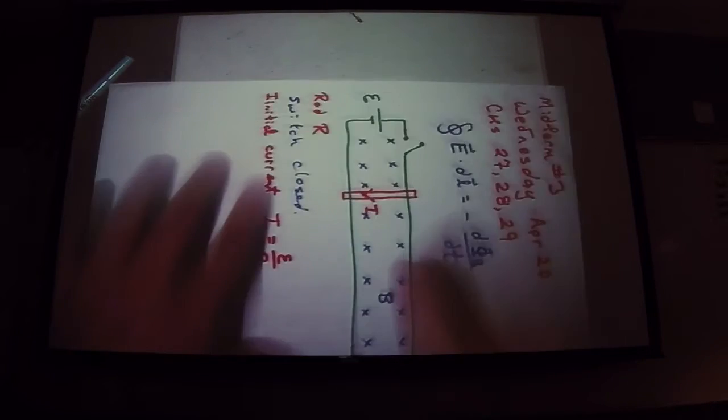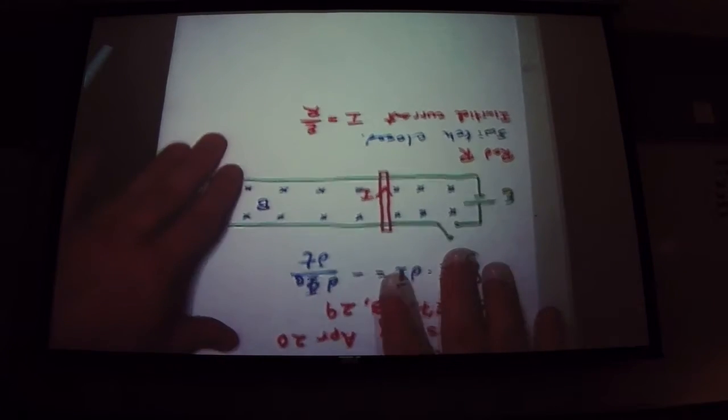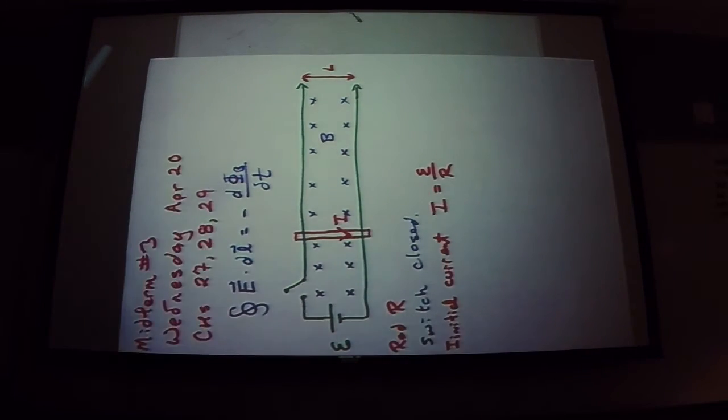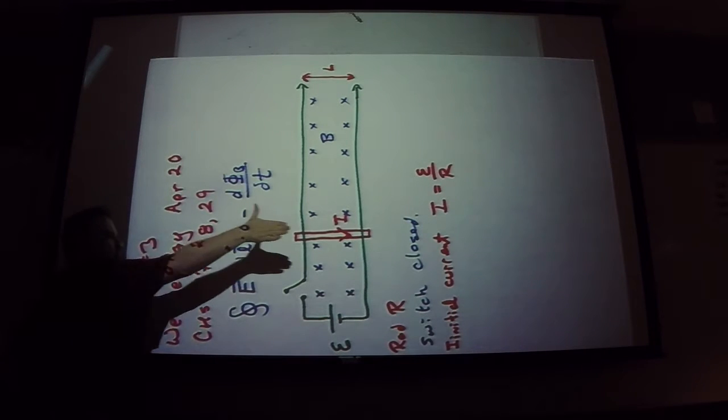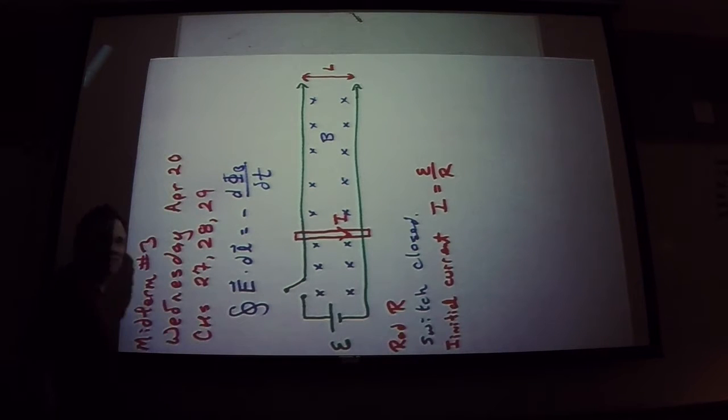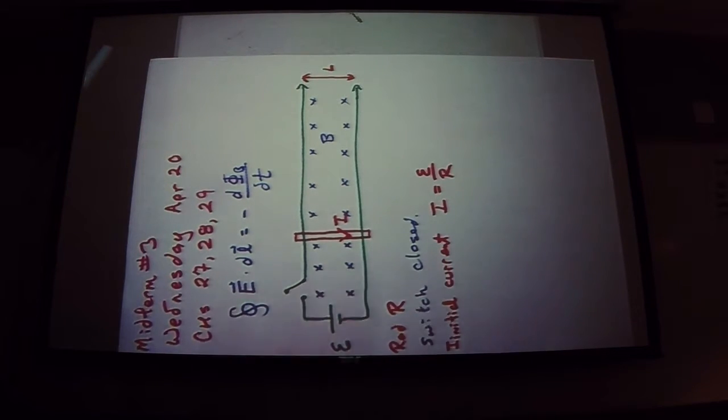So there's going to be a force on this. Just to make this easy on myself, I'm going to put my hand in the direction of the current, turn into the direction of the magnetic field. So there's going to be a force on this wire this way, shooting outward.